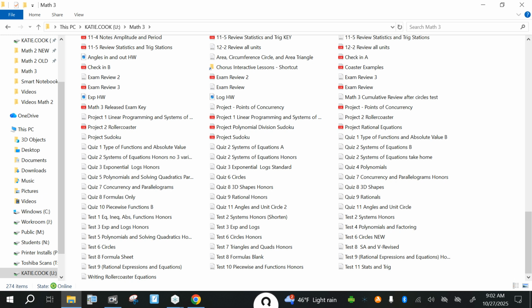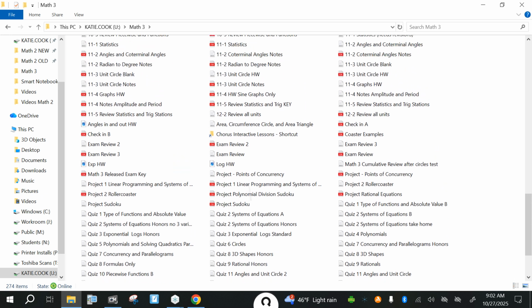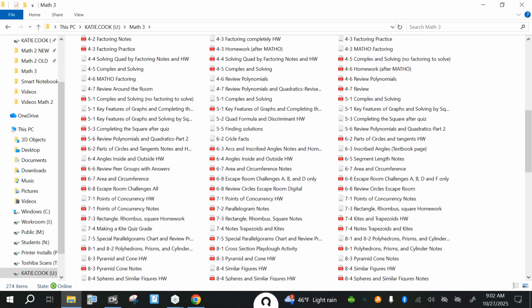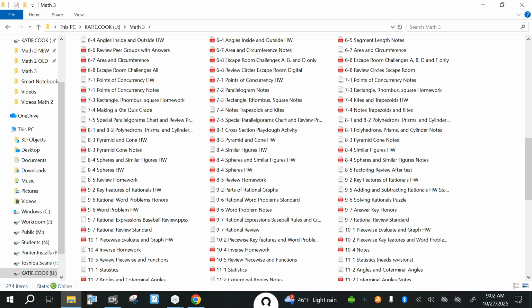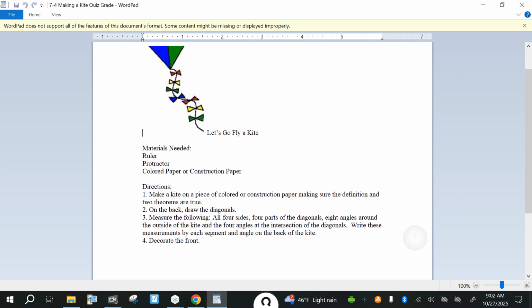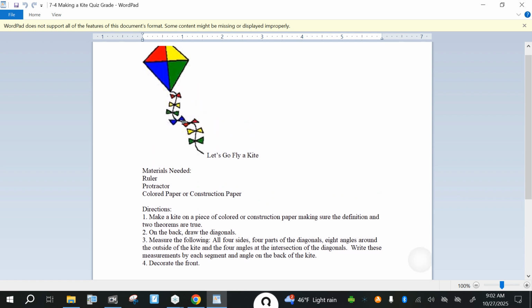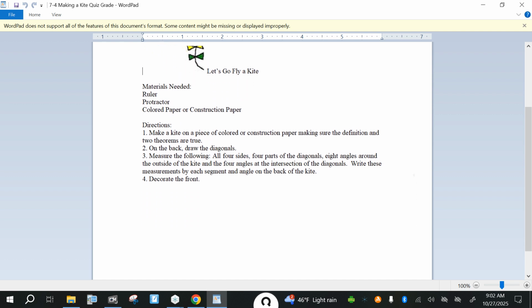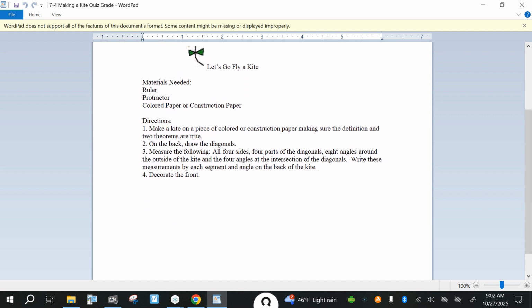I called it something. What did I call it? Making a kite. It's going to show up all kinds of crazy, but it's online so that way you can see it. It's called Let's Go Fly a Kite, people. Have you ever heard that song before? Of course I will. Let's go fly a kite.